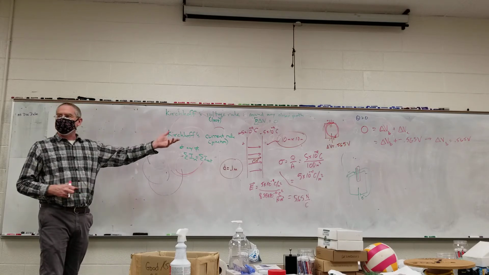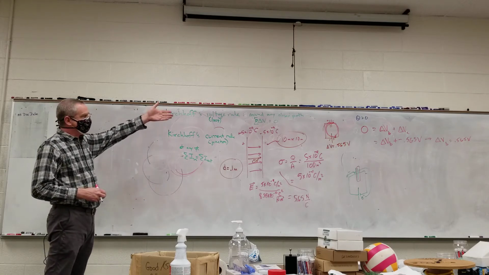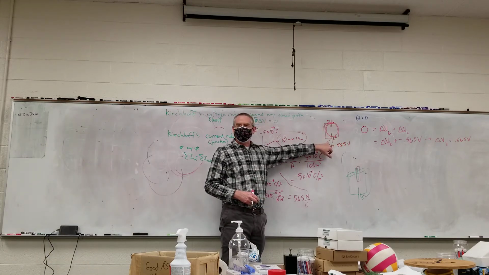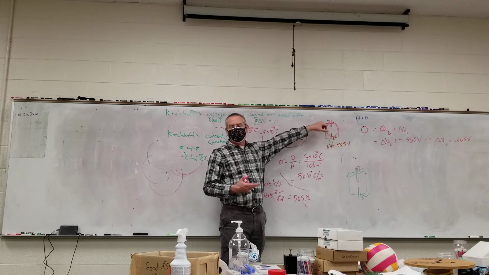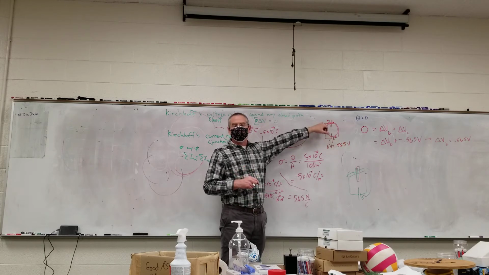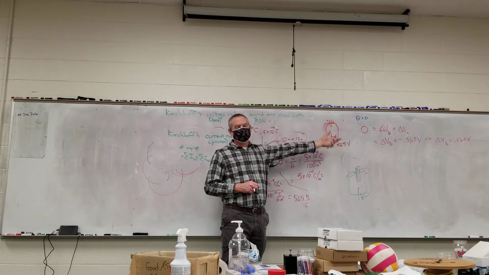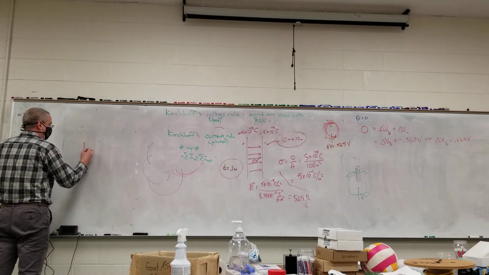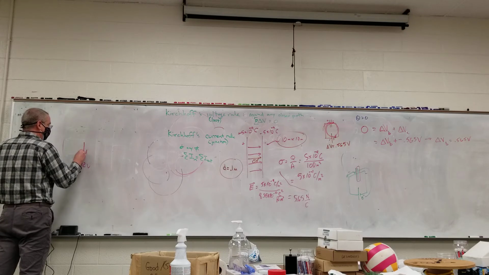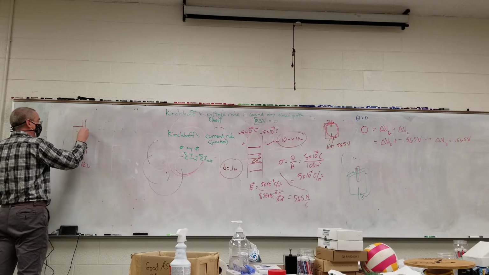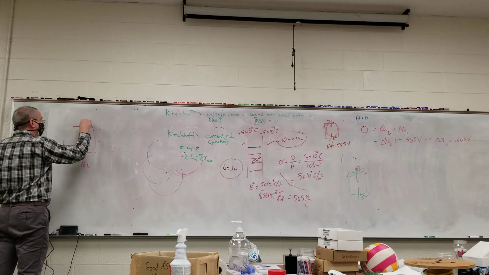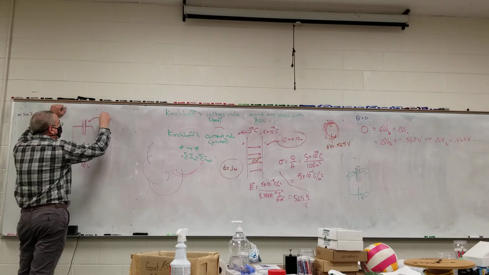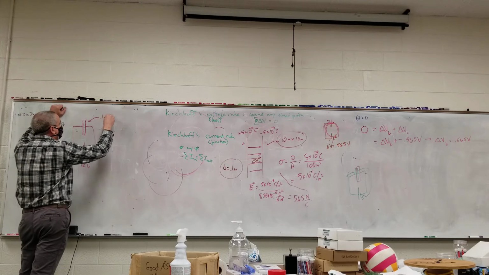So I got my capacitor hooked up to a battery. I know if I only have just the capacitor, the voltage of the battery should match the voltage plus or minus the voltage of the capacitor, depending on which way you're going. Same with the battery. So let's just run through. I got a 12-volt battery here, hooked up to a capacitor. Let's make the capacitor 0.1 meters by 0.1 meters.